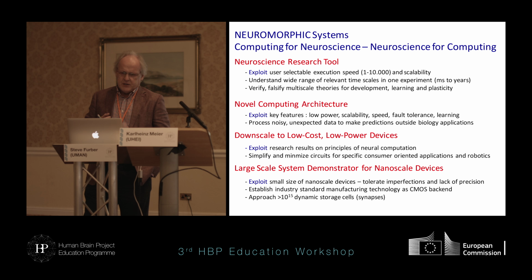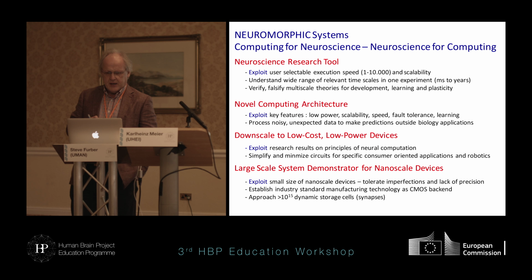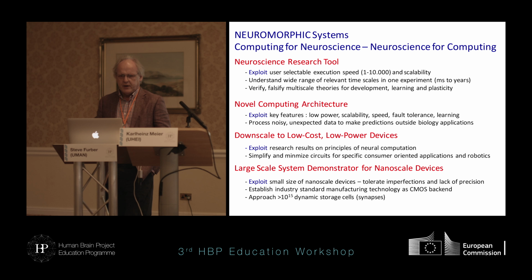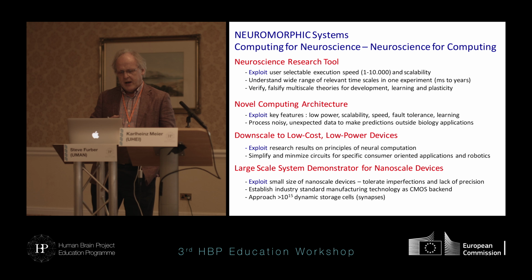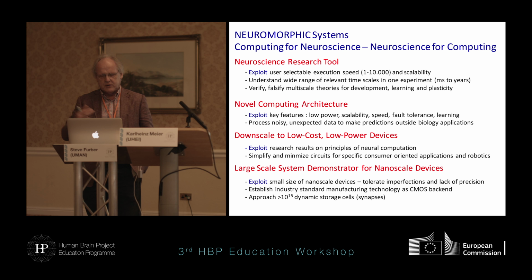You can get to grips with a very wide range of timescales, and you can look at multi-scale theories and verify or falsify them. We also get a novel computing architecture, and these architectures are delivering low power, scalability, speed, fault tolerance, learning, and so on, which are all innovative features in the computing sense.